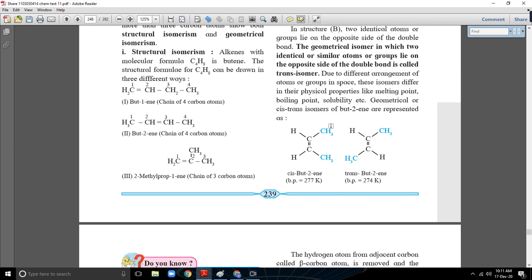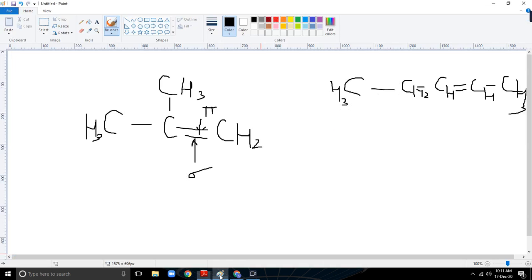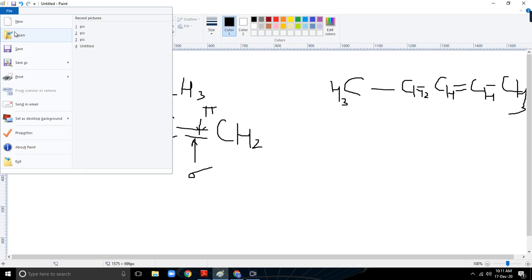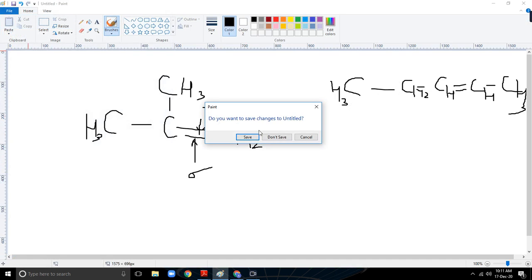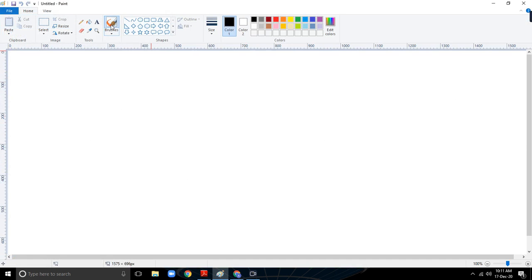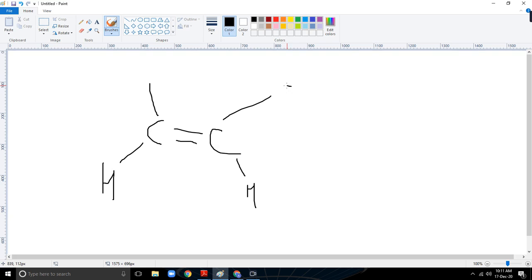Geometrical isomers, or cis and trans isomers of 2-butene, are represented here. Two similar atoms are on the same side, and we can draw it like this: C double bond C, hydrogen, hydrogen, CH3 methyl group, CH3.